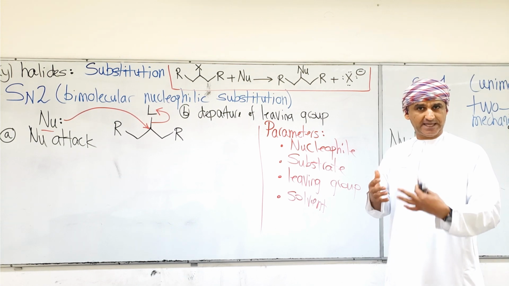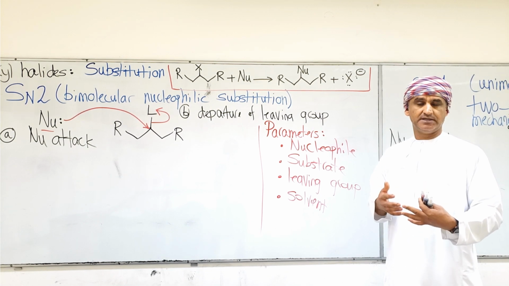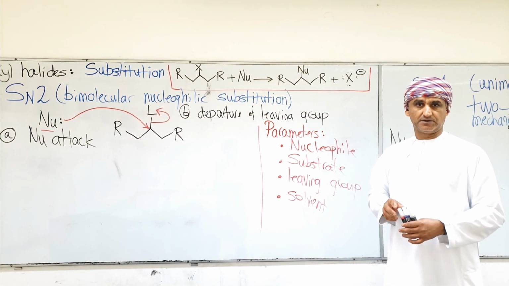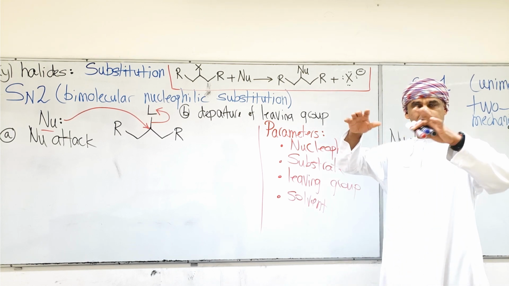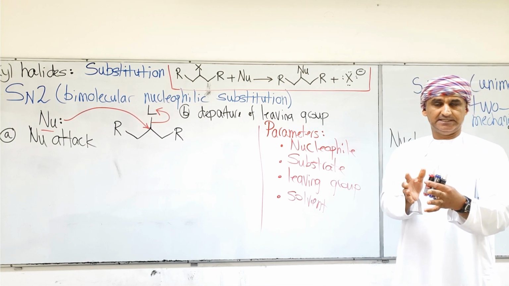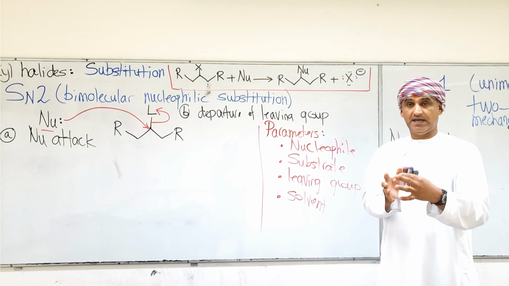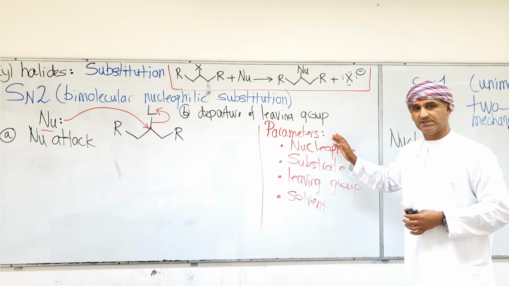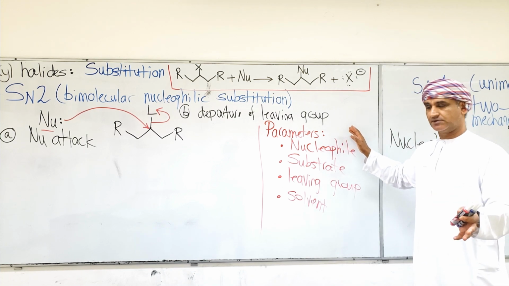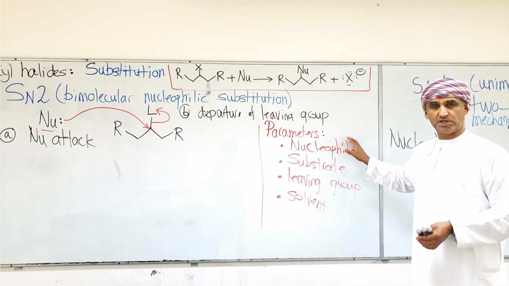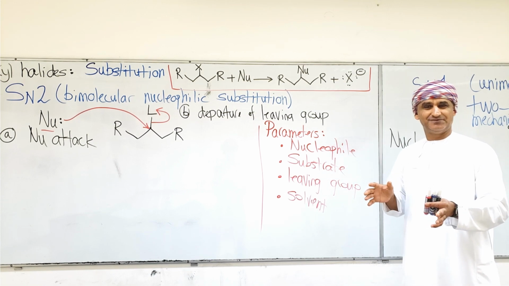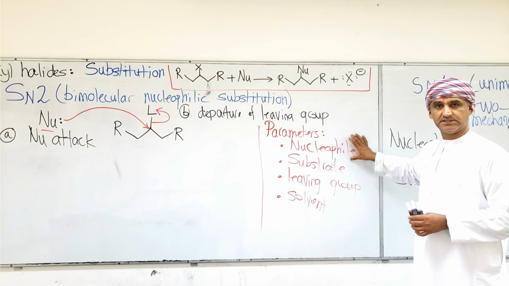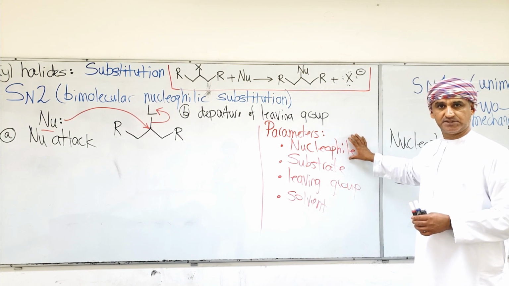Whether the mechanism is SN2 or SN1, a group will leave, a nucleophile will attack an electrophilic carbon, and of course the reaction is in a solvent, and therefore the reacting parameters in substitution reactions are the nucleophile, that's the first parameter, if you like. The nucleophile is going to attack, so it is a very important parameter in the substitution reaction.